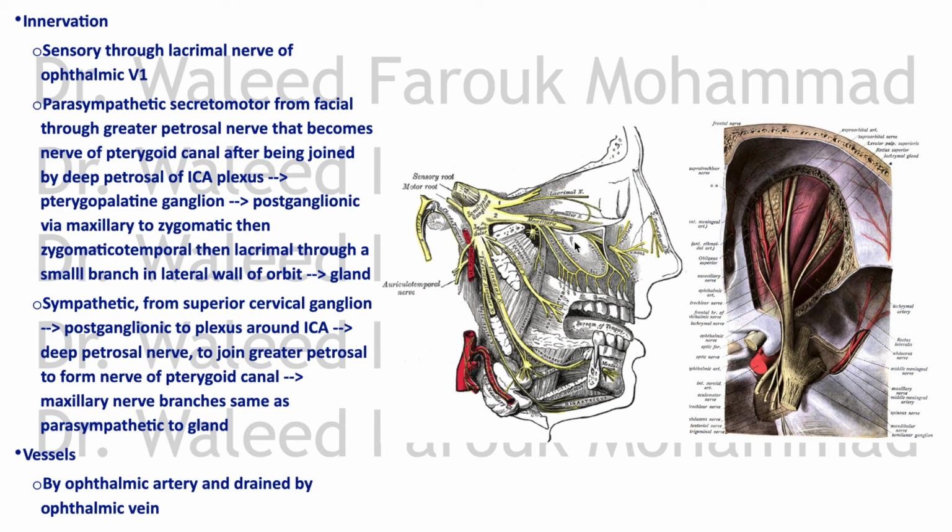Okay? The source of the sympathetic is the superior cervical sympathetic ganglion that receives from T1 and then distributes as a plexus around the internal carotid artery, which gives the deep petrosal nerve, and you know the rest of the story, that it will be distributed with the branches of the maxillary nerve after becoming the nerve of the pterygoid canal.